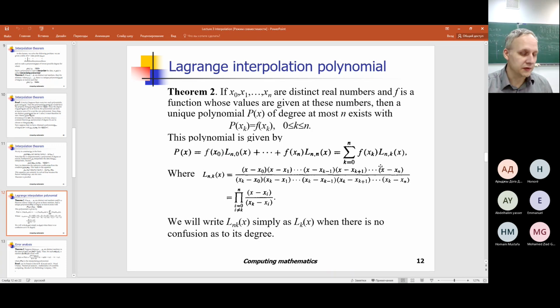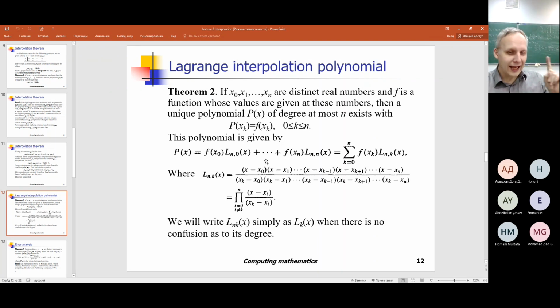Here it's written as differences: x minus x0, x minus x1. The point k is skipped. You see that here is written x minus x(k minus 1) times x minus x(k plus 1), and so on. And in the denominator the terms xk minus x0, xk minus x1, and so on, xk minus x(k minus 1), xk minus x(k plus 1), and so on.